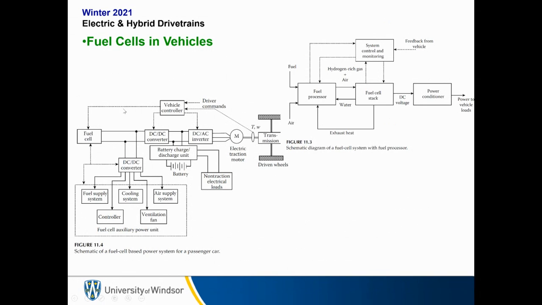Now, fuel cells in vehicles, essentially the fuel cell just replaces the component that generates the electrical energy. So it replaces either the internal combustion engine or the plug from the wall. And so basically you can think of a fuel cell as a way of driving around with your own little power plant that doesn't emit carbon dioxide.